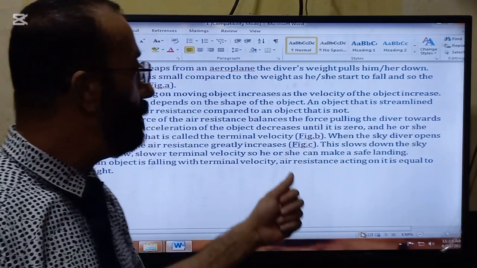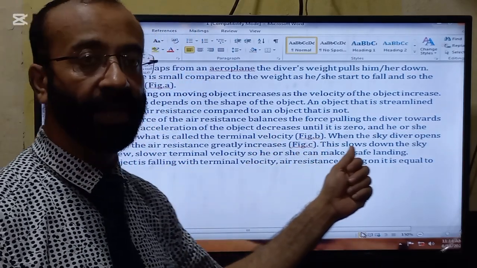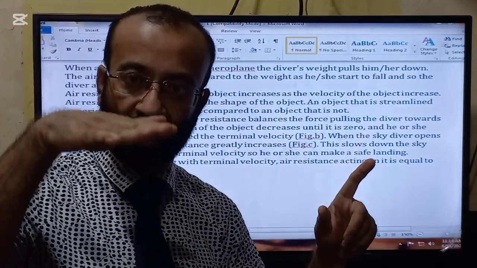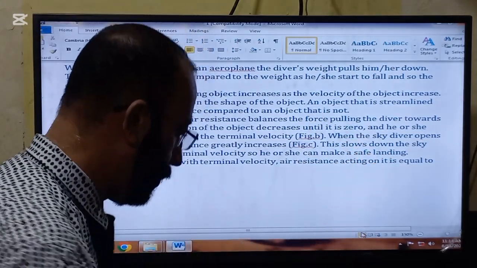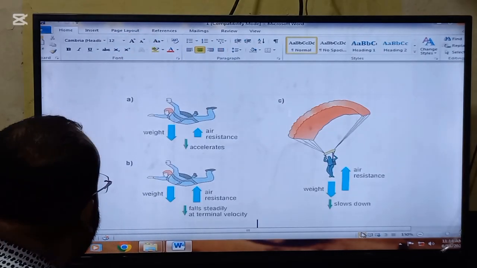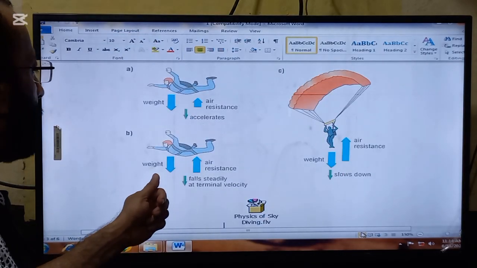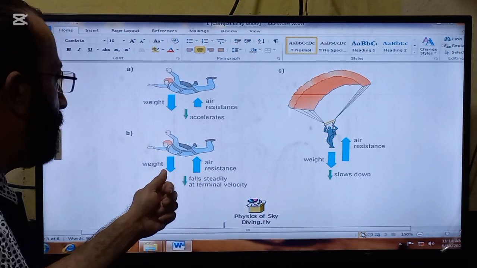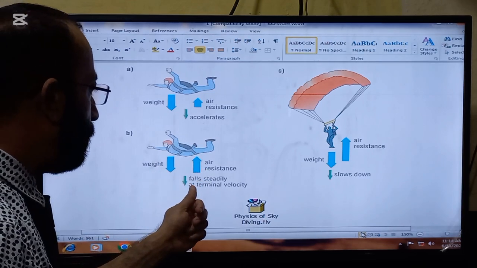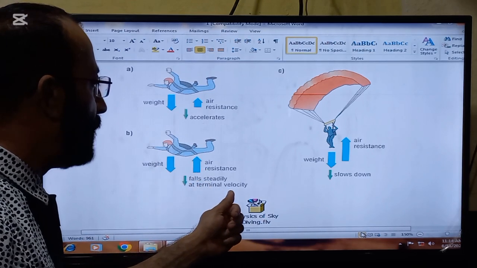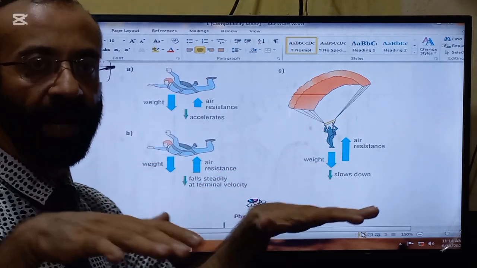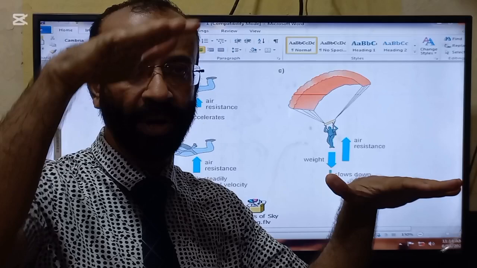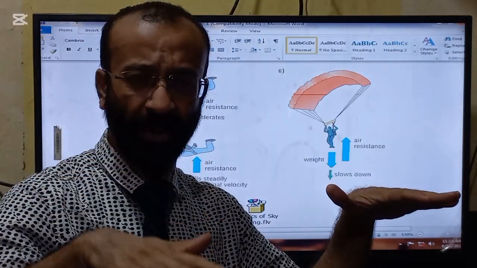But it doesn't mean the body stops falling, it falls with a constant velocity then. So look now, figure B. There will come a point when the air resistance will balance the weight and the body will fall steadily at terminal velocity. So there will be a constant velocity, that will be the terminal velocity.